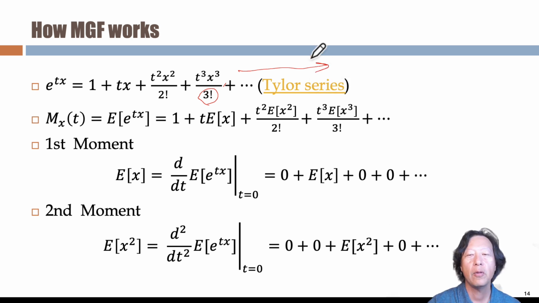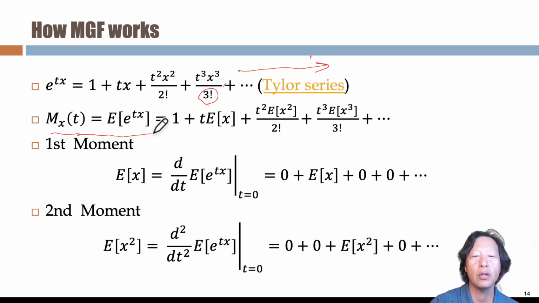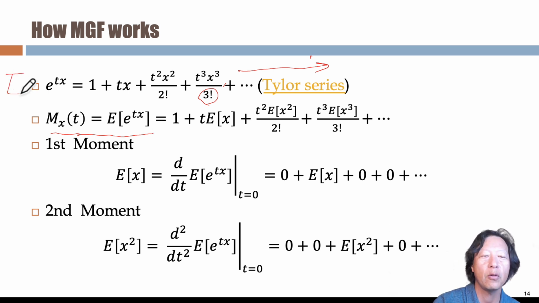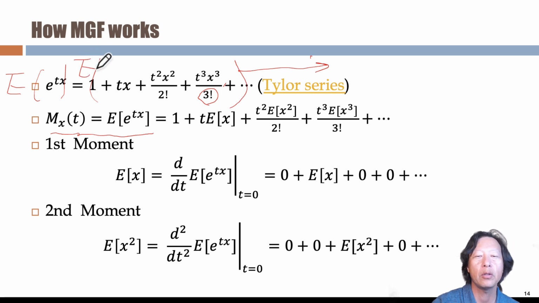Now, the moment generating function is defined by the expected value of e to the power of tX, which equals 1 plus tX and so on. So I'm taking the expected value on both sides. The expected value of 1 is 1.